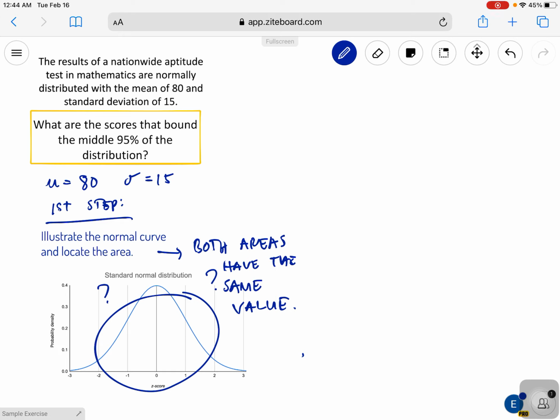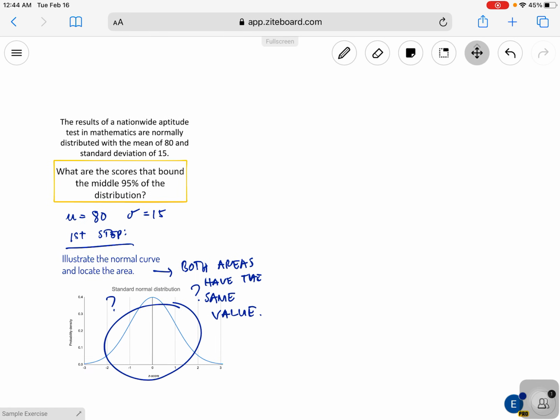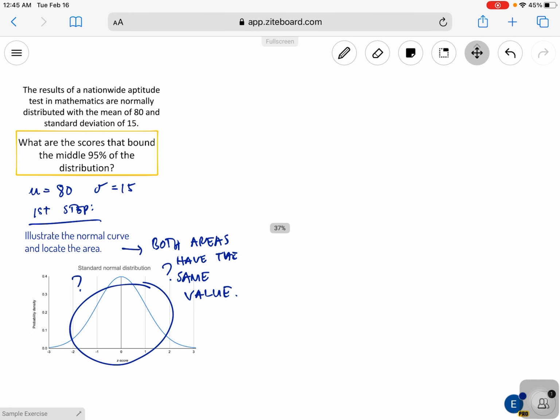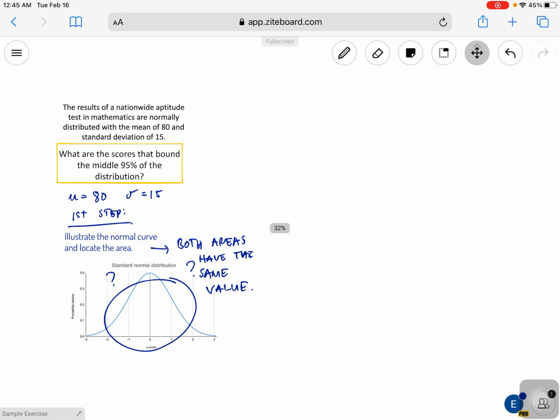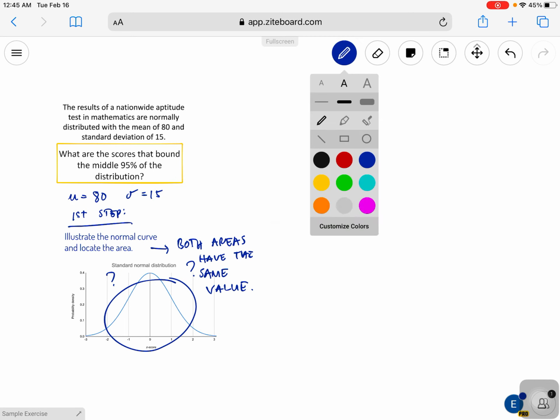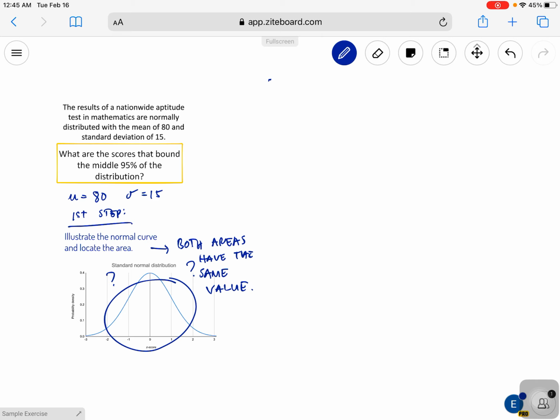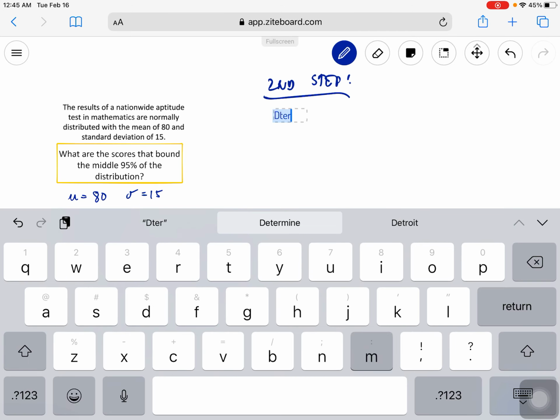So next, the second step, is we have to determine the areas.